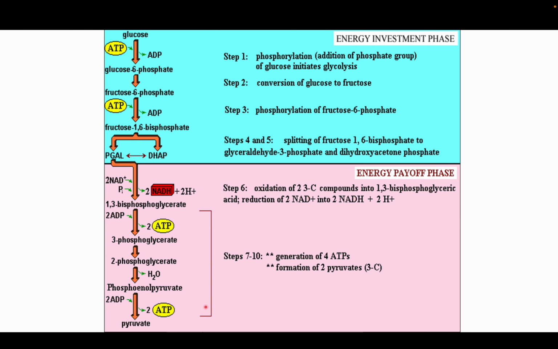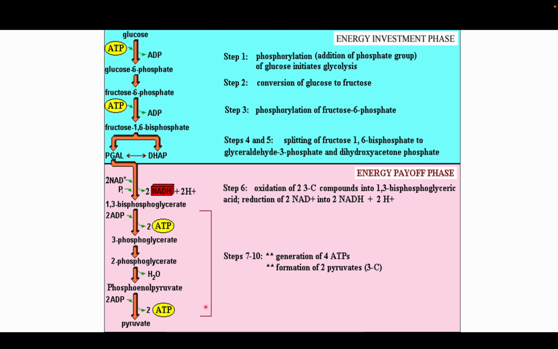So, just a high-level summary. The glycolytic pathway has two major stages: an investment and a payoff phase, where ATPs are consumed and produced respectively.